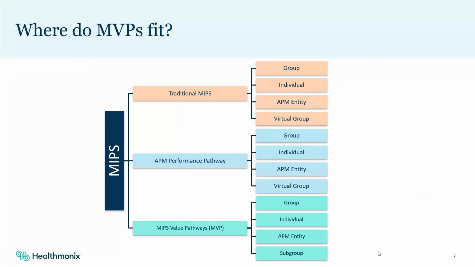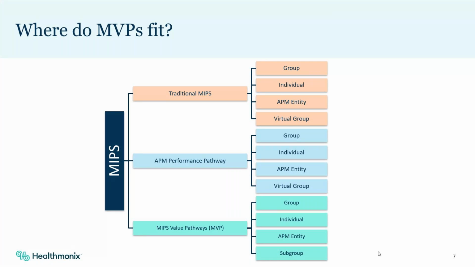So where do MVPs fit? Here's a very nice graph of what it looks like, the different options you have. You can report through traditional MIPS, there is the APM performance pathway, and then there's the MIPS value pathway.